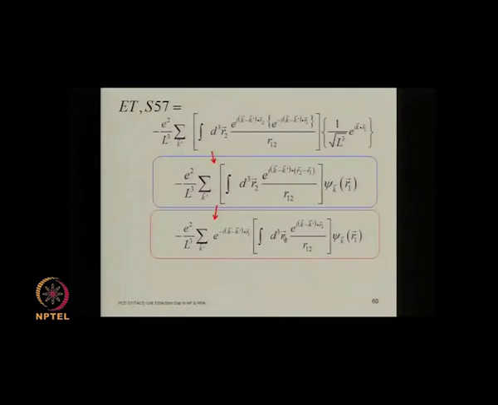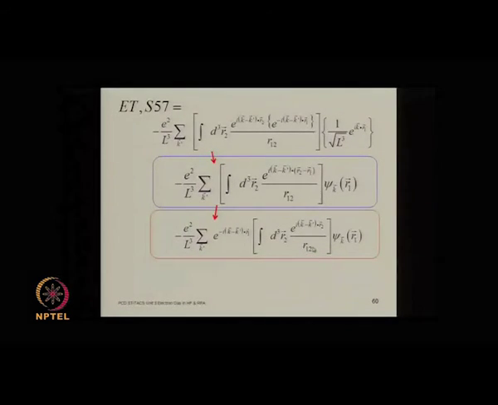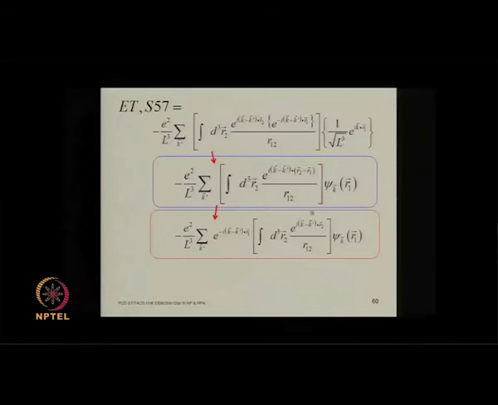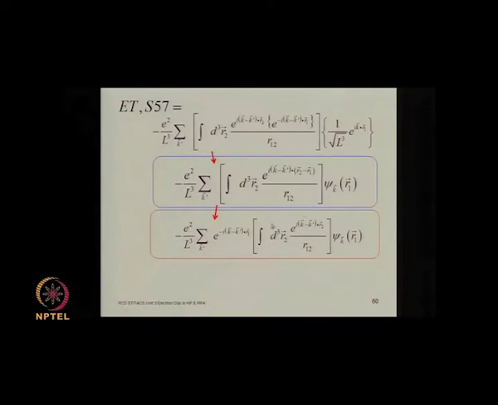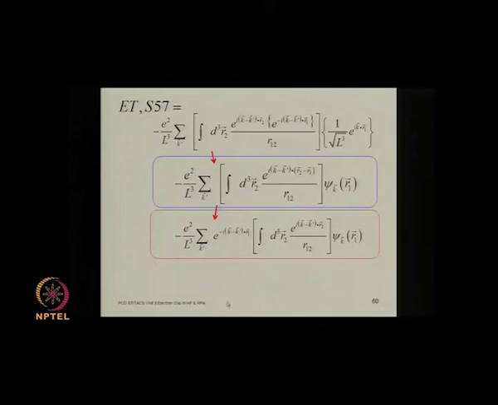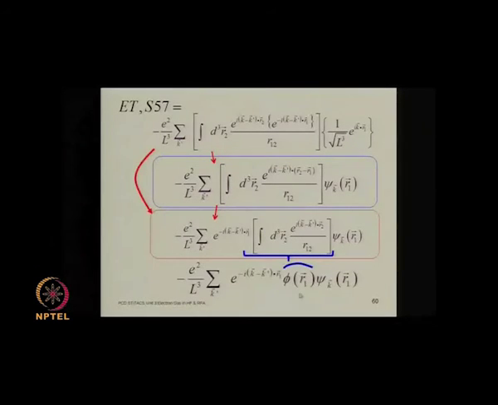Of course, it contains R1 over here because the denominator is the difference between the position vector R1 and R2, right. So, once you integrate it out, this term in the square bracket will not depend on R2 at all because the R2 variable is integrated out. What will it depend on? It will depend on R1. So, what is inside this square bracket is now a function of R1 alone, and that function is what I call phi of R1, whatever it is.